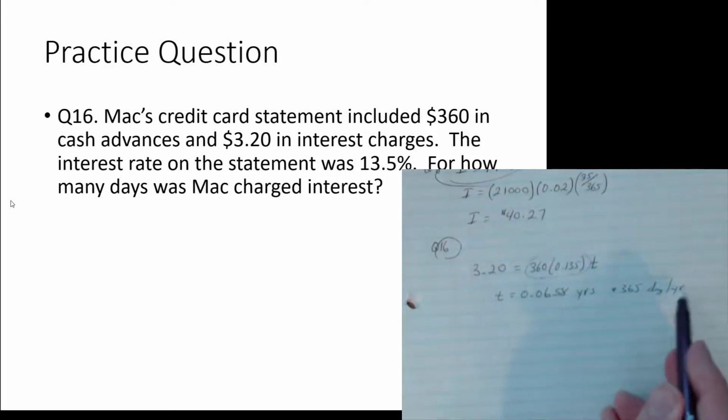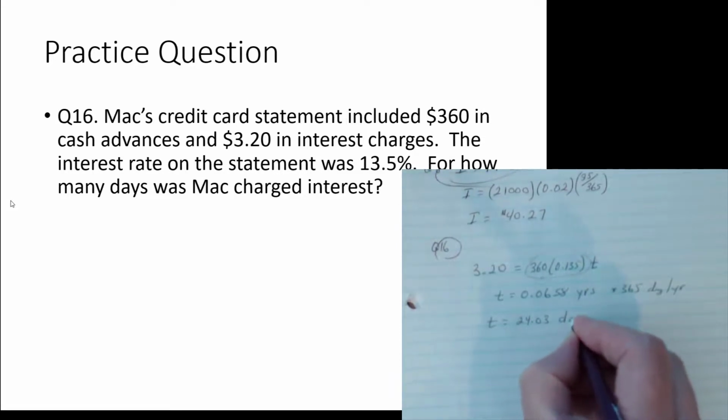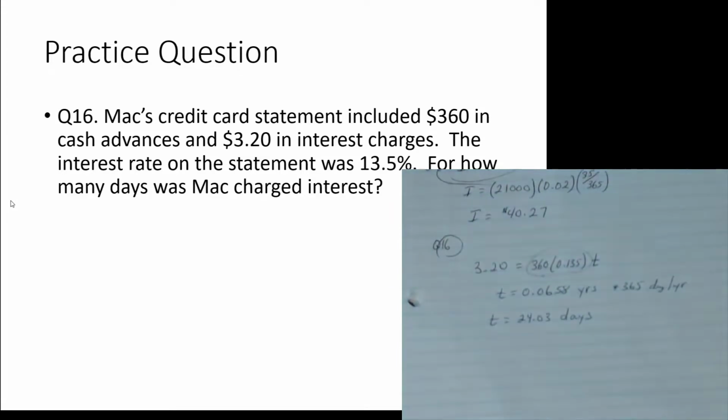The years will cancel out. I'll be left with the number of days, and T equals approximately 24.03 days. So about 24 days. Now people can understand that, right? 24 days, versus 0.0658 years. Nobody knows what you're talking about. Okay, so we move on.